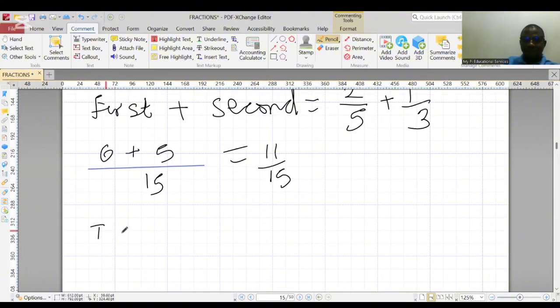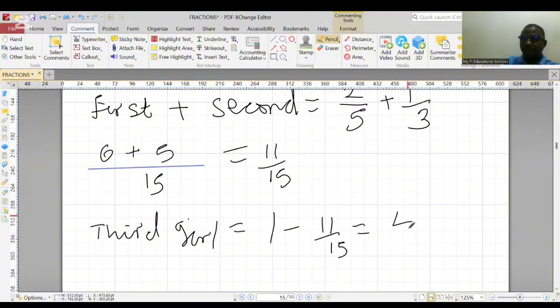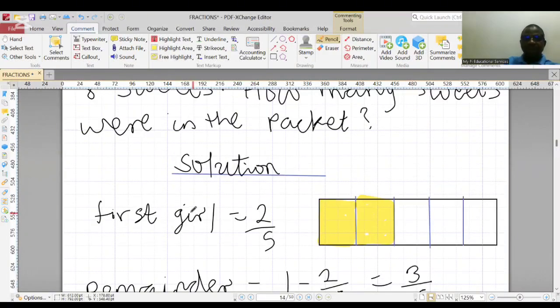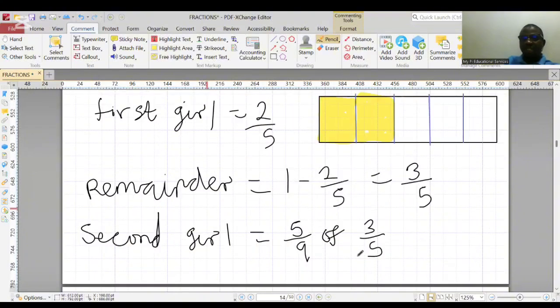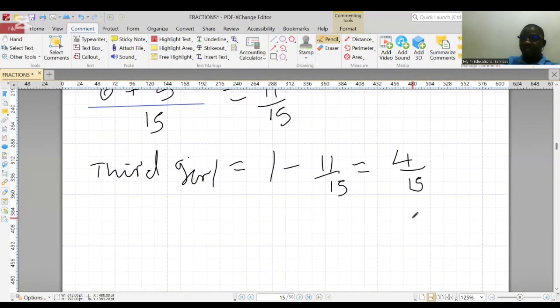So the third girl will get the remainder, which is 1 minus 11 out of 15, and that will be 4 out of 15. From the question, the third girl got 8 sweets. So 4 out of 15 of the sweets is 8.